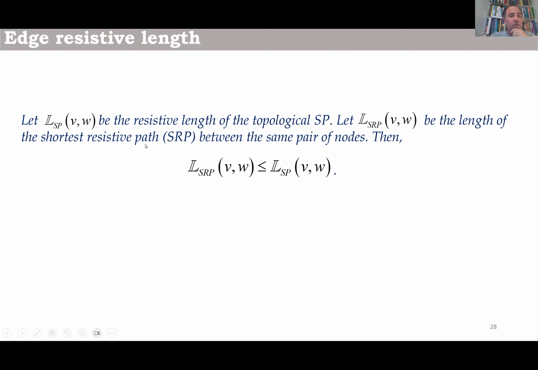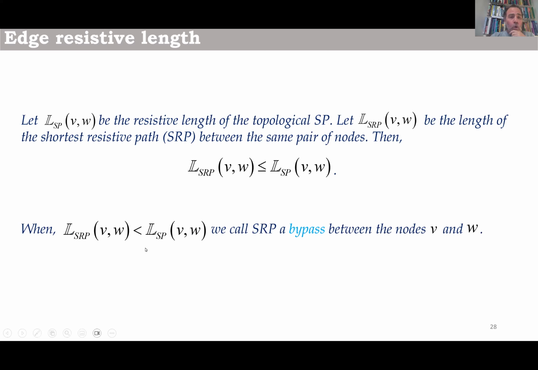By definition, it is clear that the length of the shorter resistive path between a pair of nodes is smaller than or equal to the length of the shortest path in terms of resistive communicability distance. So when this inequality is strict, let's call this shorter resistive path a bypass.